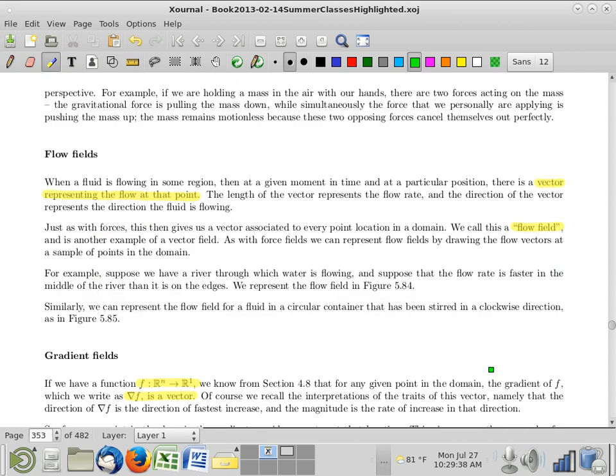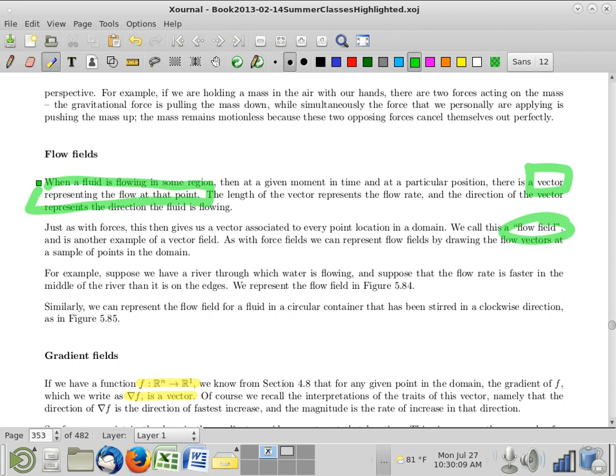I like to call these flow fields. Again, there is going to be a vector that you associate to a particular point, it's just that now we're not going to be interested in forces. There are no forces involved here. But if you have a fluid flowing around, such as in this room, there's air coming out of air vents, and I'm talking, and that's blowing a certain amount of air, and who knows what else, but there's a flow of air in this room.